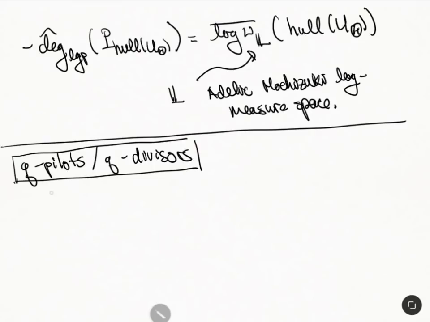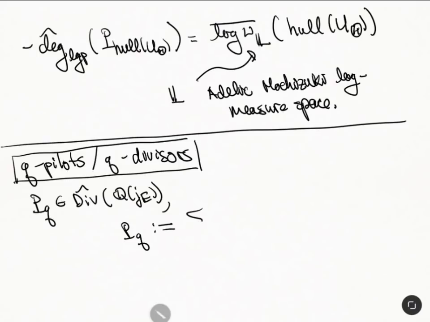So this P_Q is going to be an element in the Arakelov divisors of Q join J of E. That's the j-invariant of the elliptic curve. This is the field of moduli, sometimes written F subscript mod. This P_Q is defined to be equal to the sum.